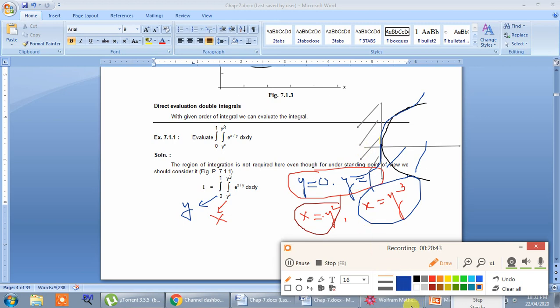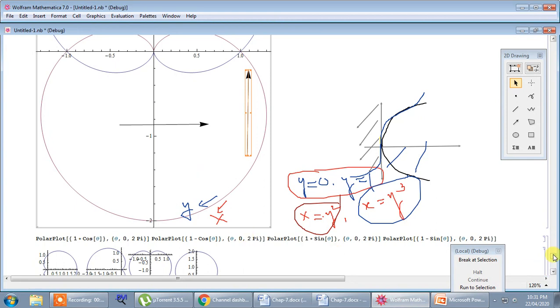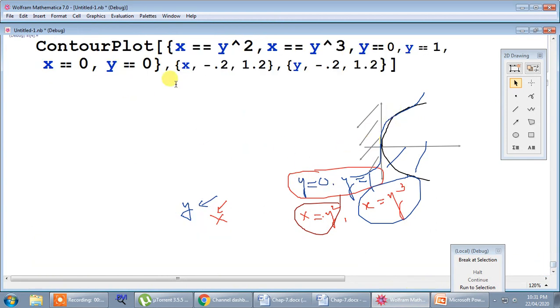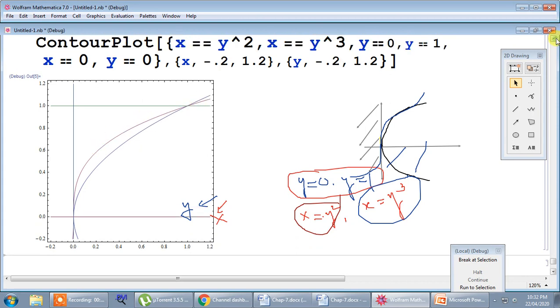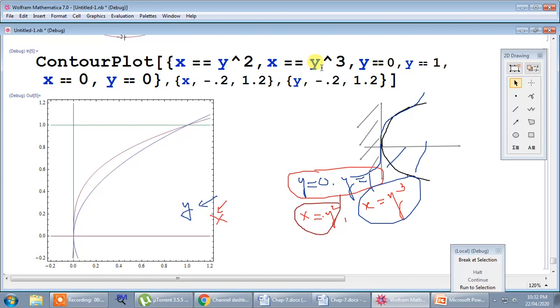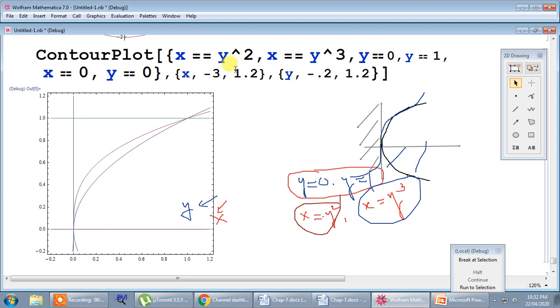Let me show this with the help of Mathematica software. I have already made some arrangement, so I have shown it here. Now let me have these curves on the xy plane. You can check it out. The blue one is a parabola, and the pink one is the curve x equal to y cube. If you want more insight, you can take the range minus 3 to plus 3 and minus 2 to plus 2.